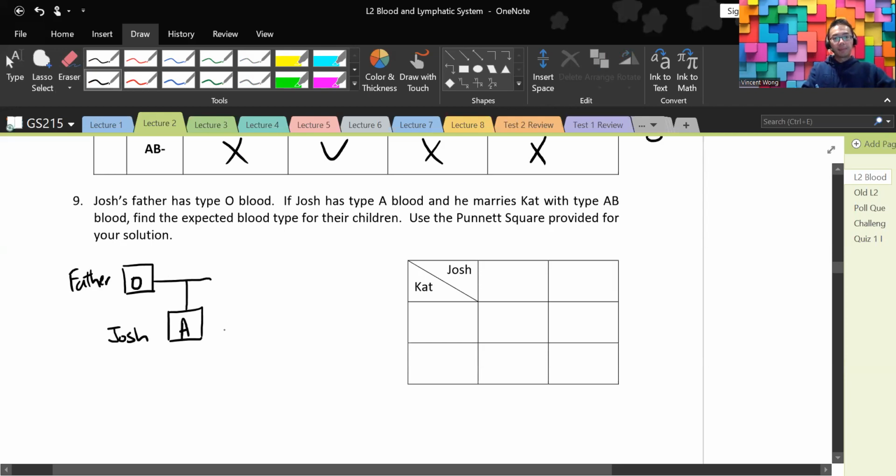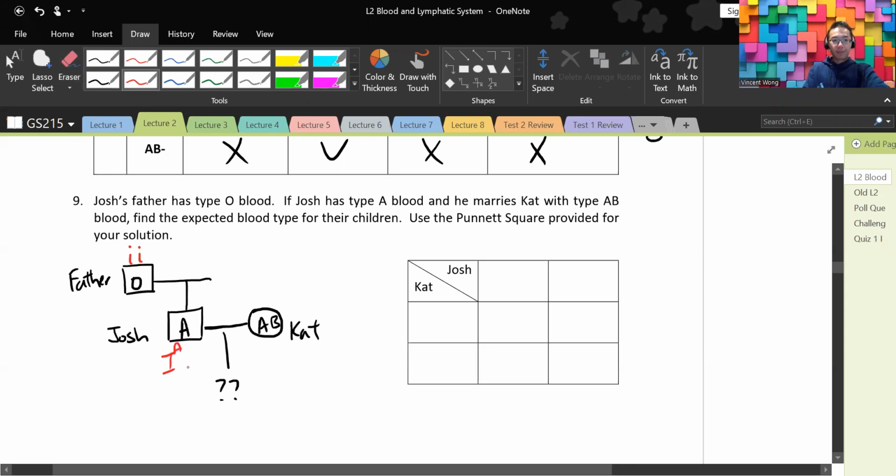Josh has type A blood, and he marries Kat. Okay, circle is a female. Kat is AB. And then we're going to want to find out the blood type of their kids. So over here, the father is type O, then we automatically know that he is little i, right? What about Josh? Josh is type A, so he can be IA IA or IA small i.